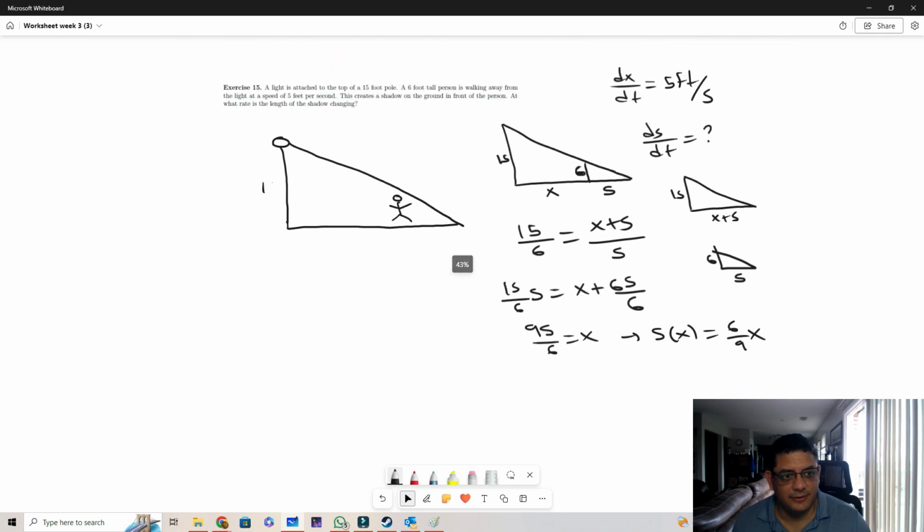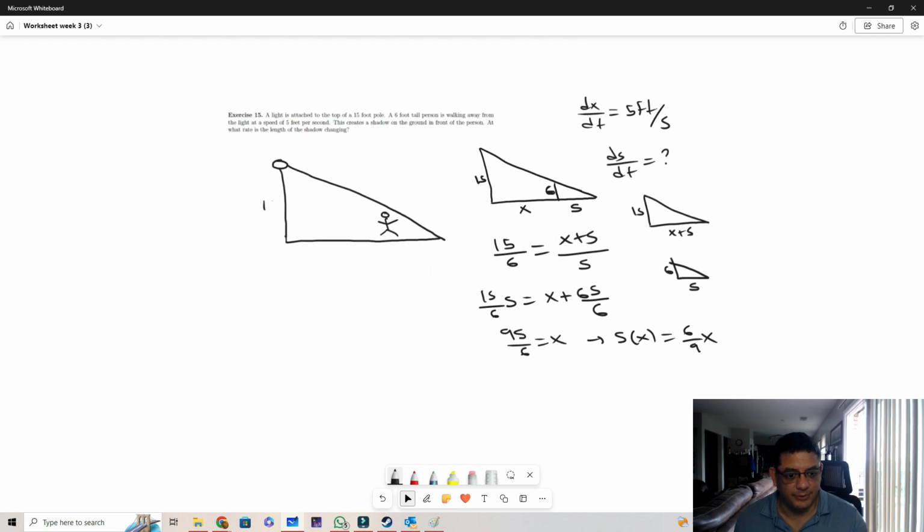Now this is just ds dt, but remember, if we assume that this function is in terms of t, so this is s of x of t, and so this is 6 over 9 x of t. So ds dt is going to be what?